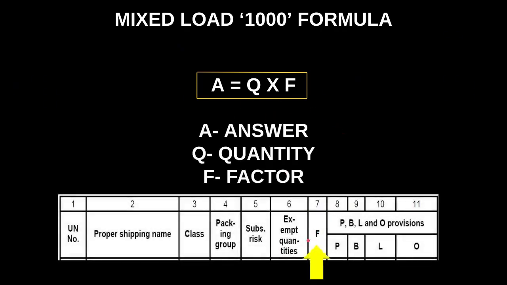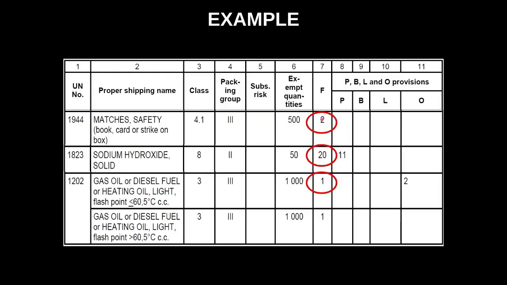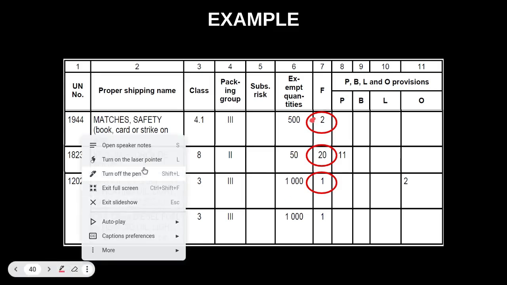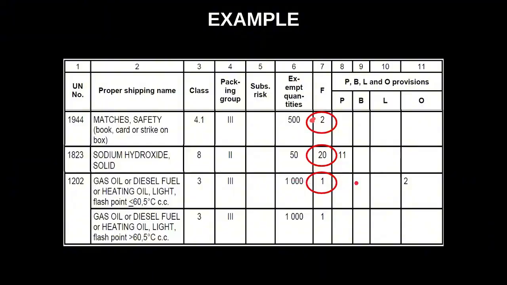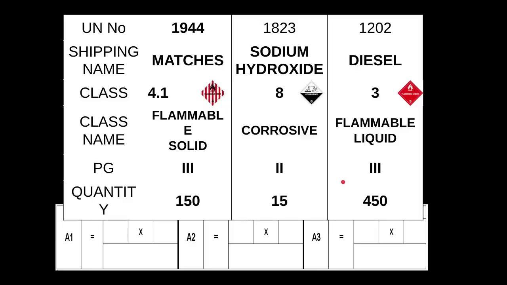Example, matches may have a factor of 2, sodium hydroxide a factor of 20, and diesel a factor of 1. We will multiply the quantity by the factor and add up all the results. If the total exceeds 1000, the load is classified as a regulated mixed load and must comply with the relevant dangerous goods transportation regulations. Let's look at the example given.